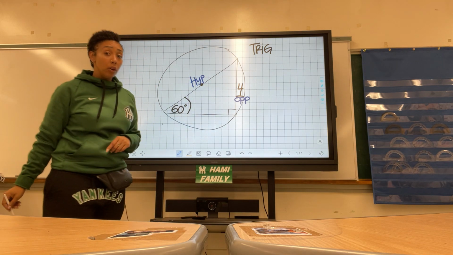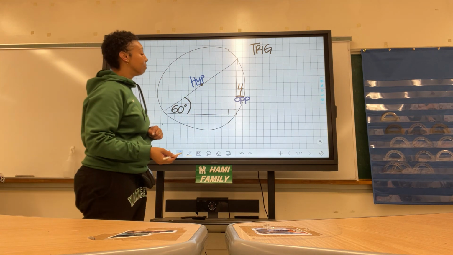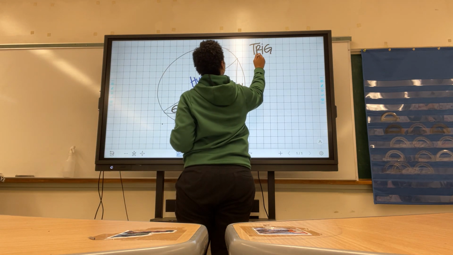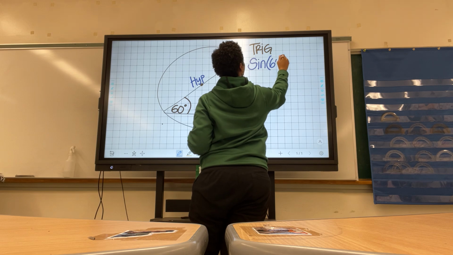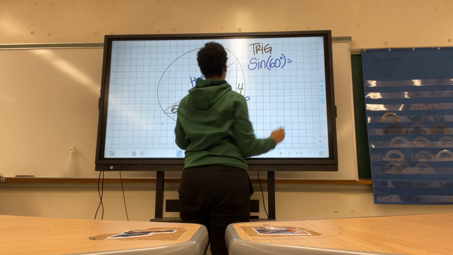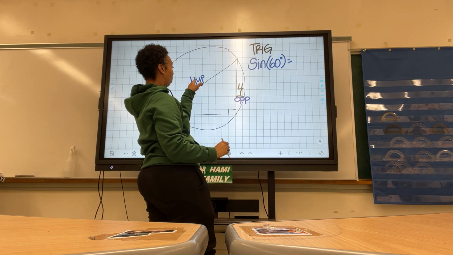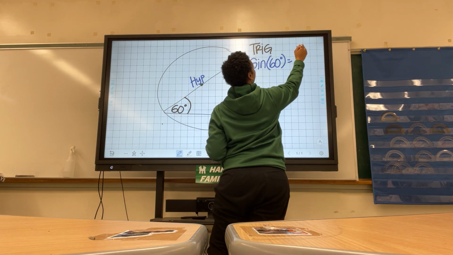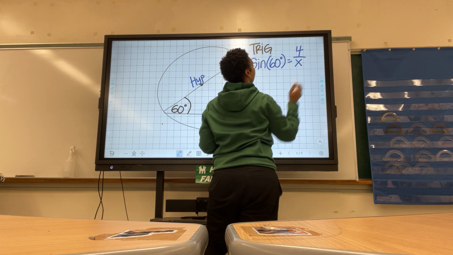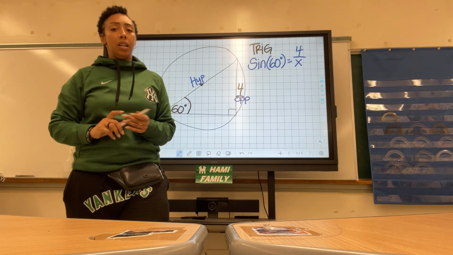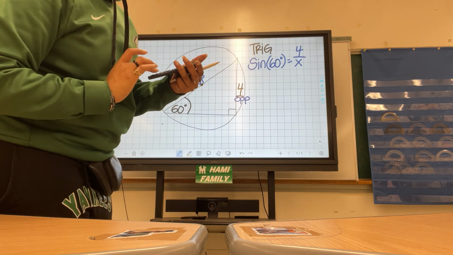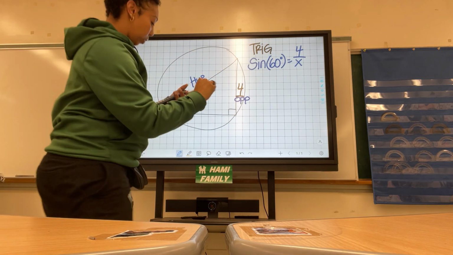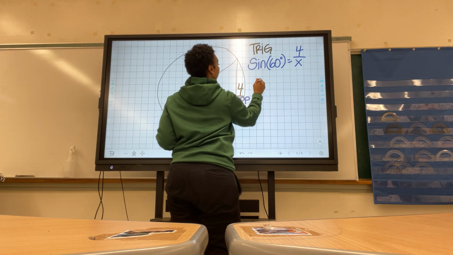And so which trig formula uses opposite and hypotenuse? Sine. So we're going to do sine of 60 degrees equals my opposite over my hypotenuse. So 4 over x. All right. Again, we're going to use our calculator, punch that in. So sine of 60 is equal to 0.8660.